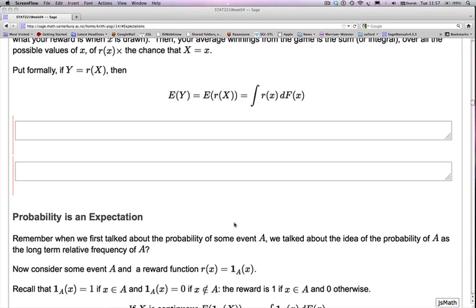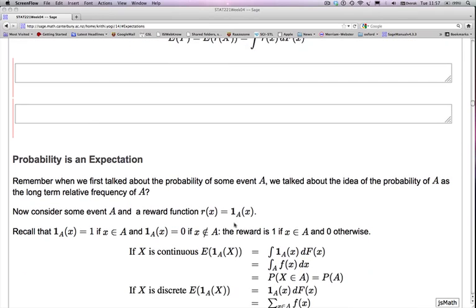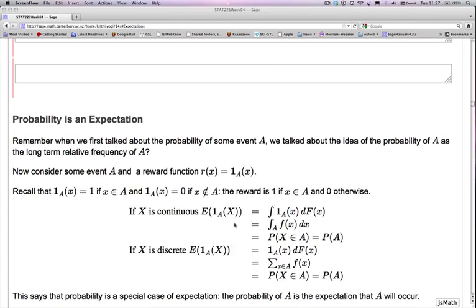Now, probability is an expectation. To understand this, think of the reward function r of x as the indicator function of the event A. Recall that the indicator function of the event A is simply 1 if x is in A and 0 otherwise.